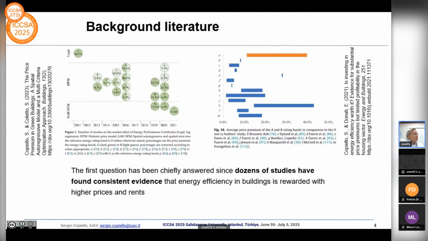Obviously, there are differences depending on the kind of method used in the study. The previous studies were essentially based on traditional hedonic price models, while the latest ones make more often use of SAR and SEM models, meaning spatial autoregressive models and spatial error models. But anyway, there is a considerable convergence toward the occurrence of this kind of price premium.